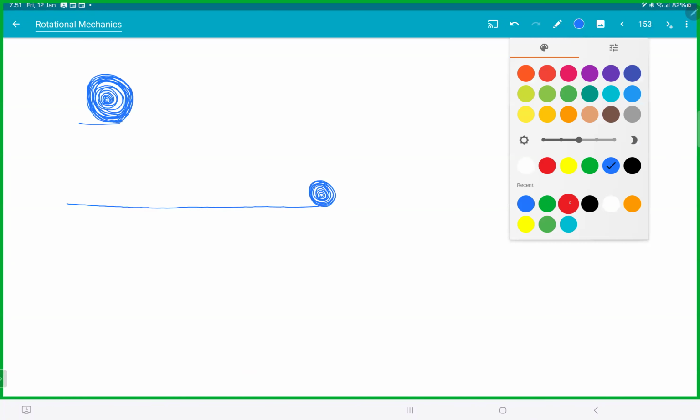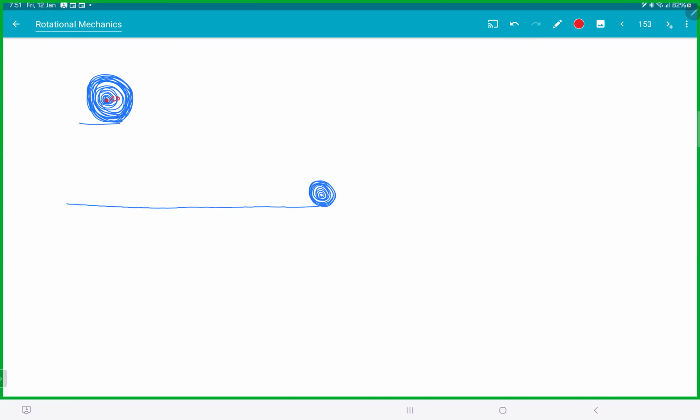So initially the center of mass is at height r, and the mass is m. Now the center of mass is at r by 2. And what is the mass? M by 4 and r by 2, isn't it?